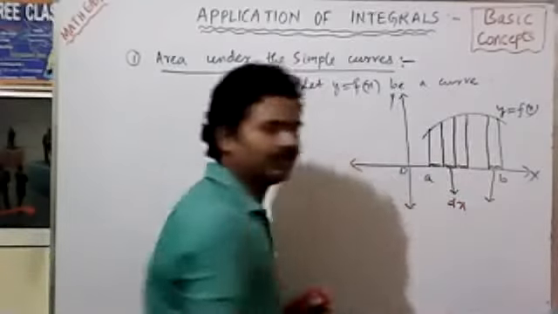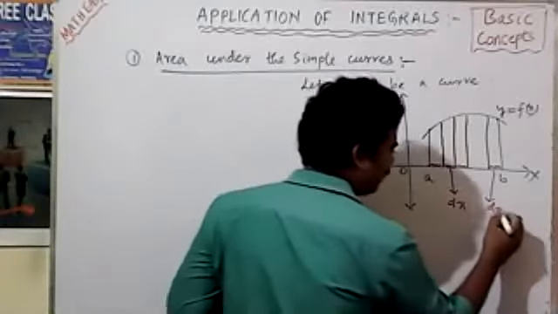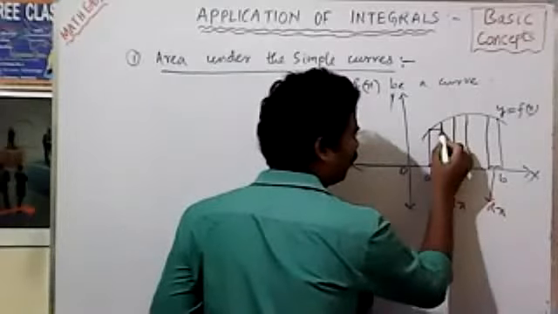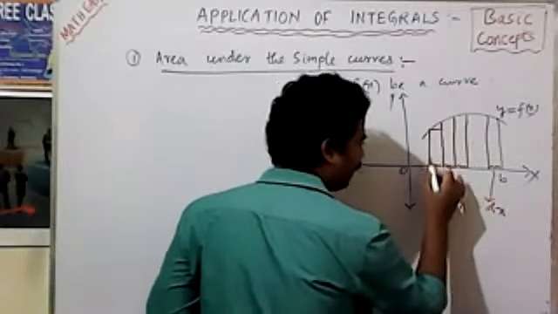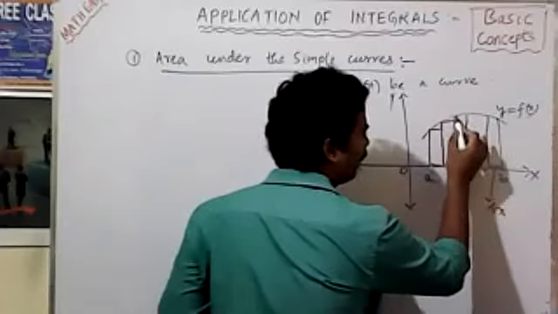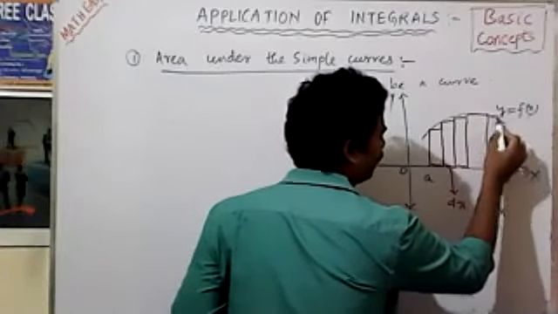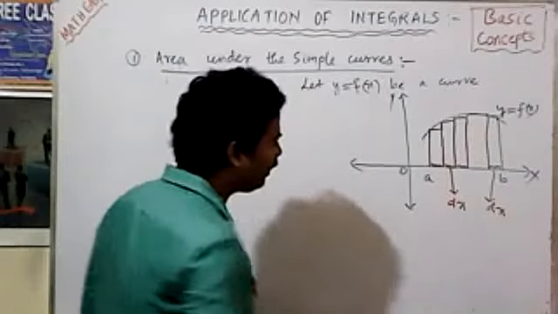By using the limit technique, you take each strip to form a rectangle. Now you have to find the area of the rectangle, and by summing these areas you find the total area.